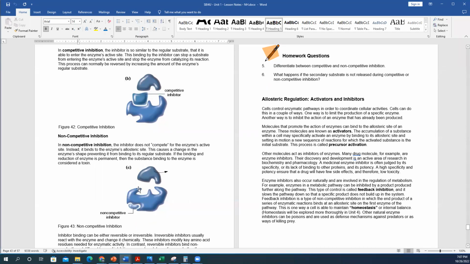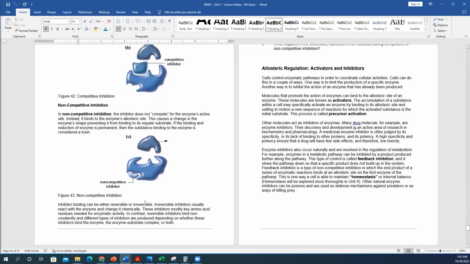By doing so, this binding may induce a change in the overall shape of the enzyme or the active site that then no longer allows the substrate to bind in and the reaction to be catalyzed. So this is non-competitive inhibition.